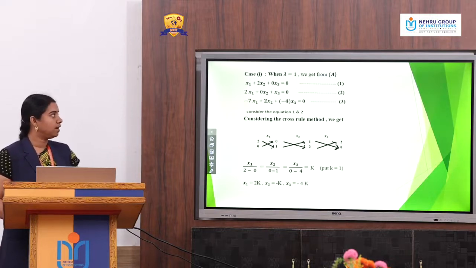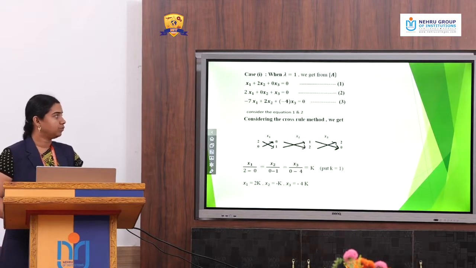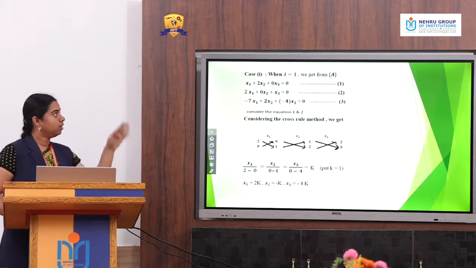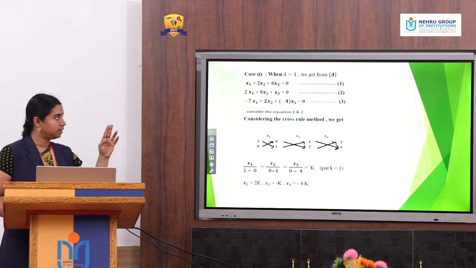Equation 1 has x1 coefficient 1, x2 coefficient 2 and x3 coefficient 0. Next we consider the coefficients 2, 0 and 1. If we want to find the x1 variable, we leave the x1 column and consider the remaining ones; for x2 we leave the x2 column and consider the remaining ones.